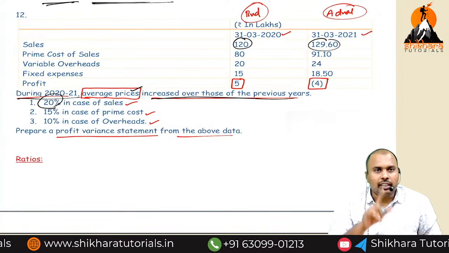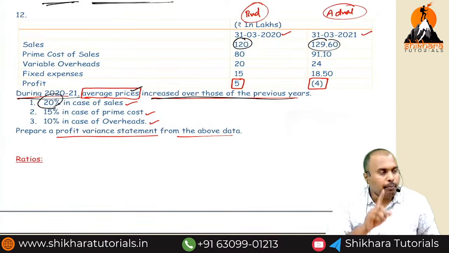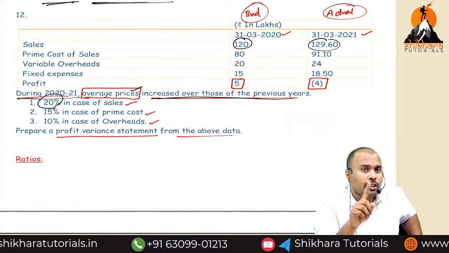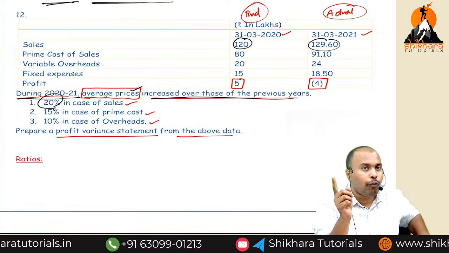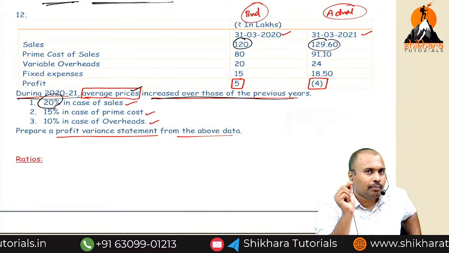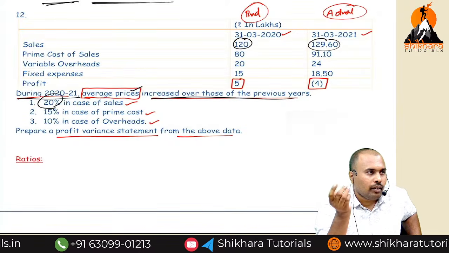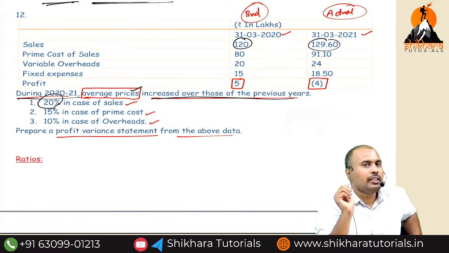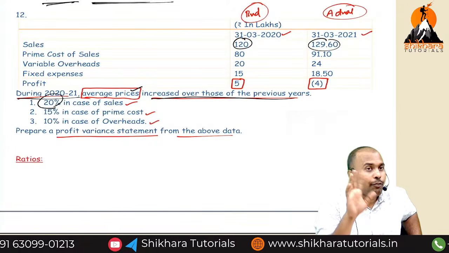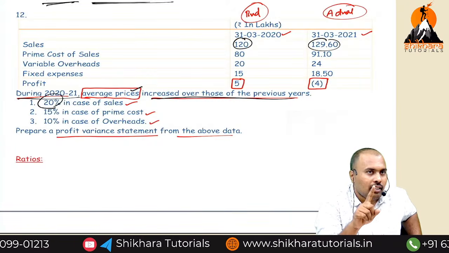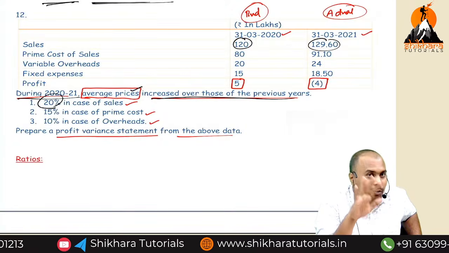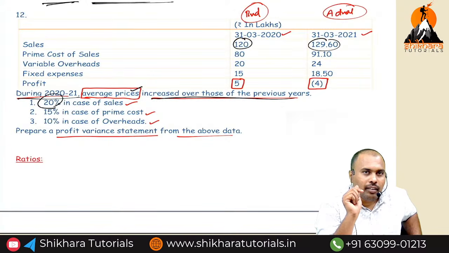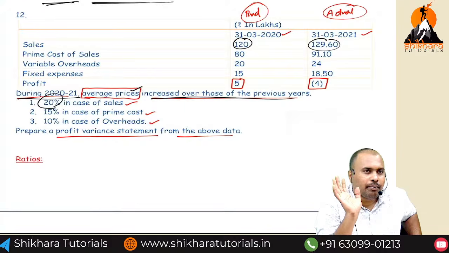If selling price is increasing by 20%, my total sales value also will increase by 20% if volume is not impacting. Yes or no? But how much is 120 plus 20%? 144. It means that our volume is also changing. Actually, our volume had decreased. Agree or not?